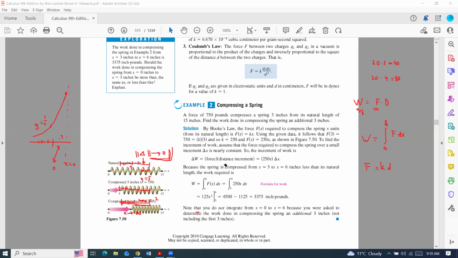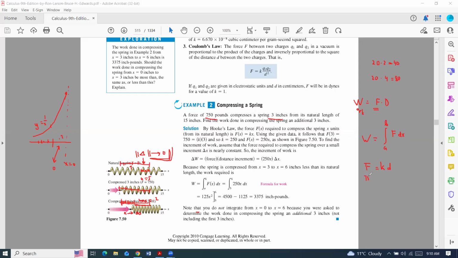So anyways, it looks like they give you initial conditions for this so-called Hooke's law. They say that a force of 750 pounds compresses a spring 3 inches. So in this formula, you put 750.